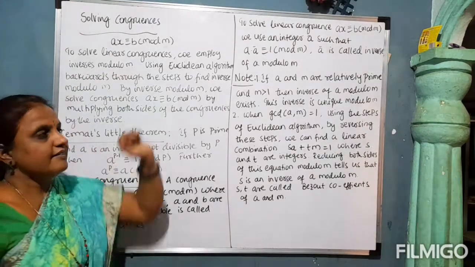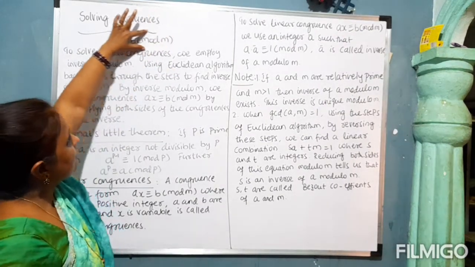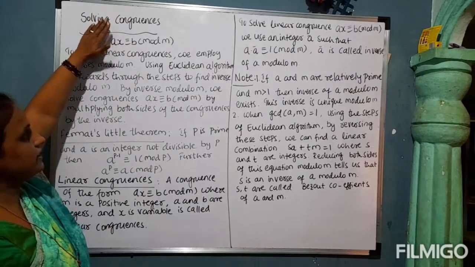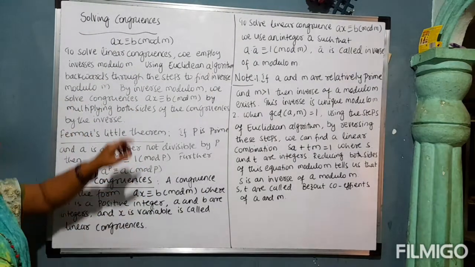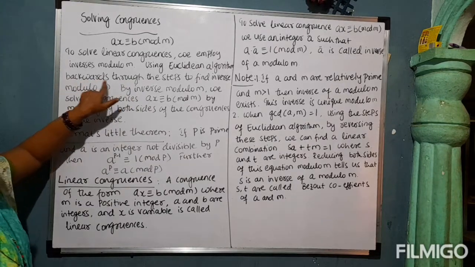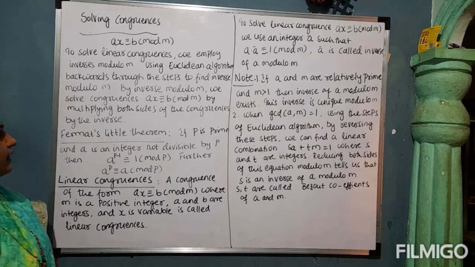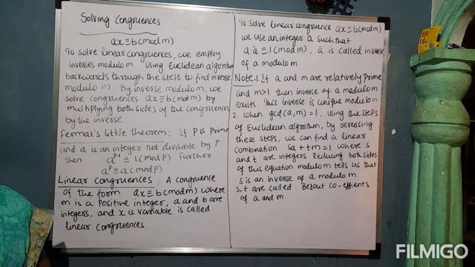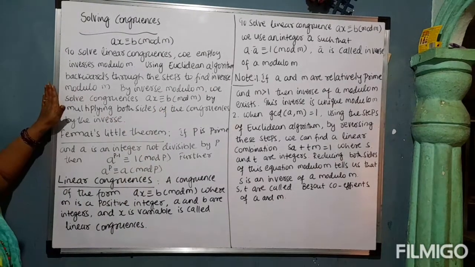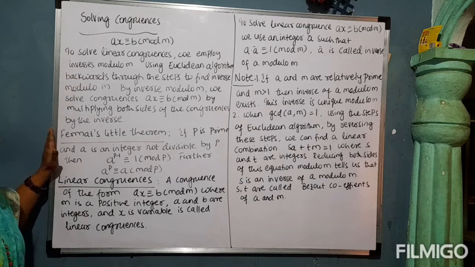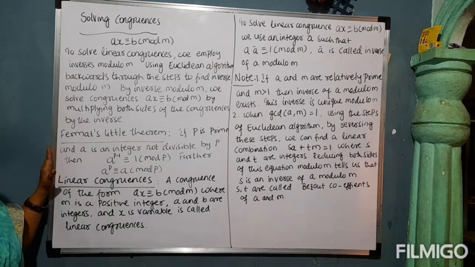Means, when ax congruent to b mod m is given, the x value is not known. So in that case we use the Euclidean algorithm's backward steps to find the inverse modulo m. Whatever inverse modulo m we get will be multiplied on both sides, and we get the solution for x. Now, to solve any congruences, Fermat's little theorem will be useful.